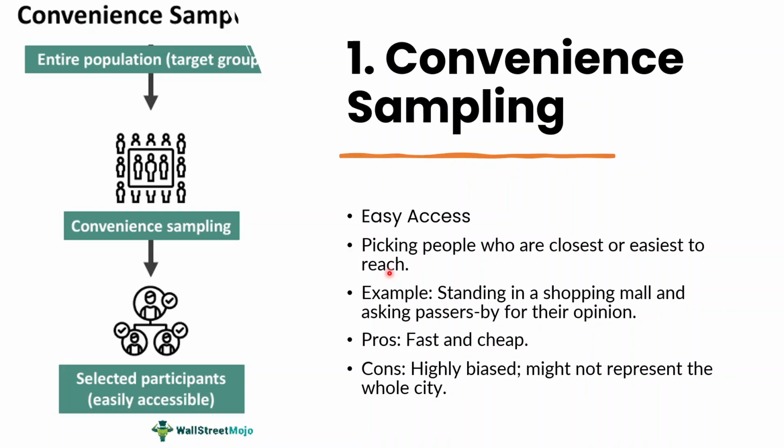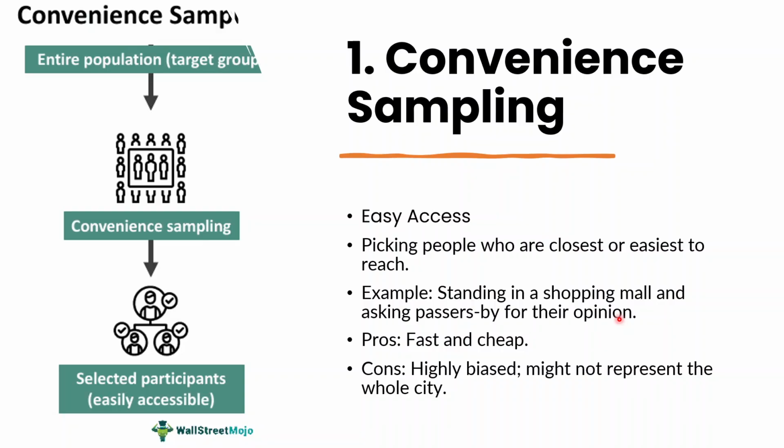So therefore it is not randomization, but it is convenience sampling. We'll take one example here: standing in a shopping mall and asking passers-by for their opinion. Here I am not considering the entire public of the city. I am standing near the mall, and only the visitors to the mall will have an opportunity to get selected as a sample.